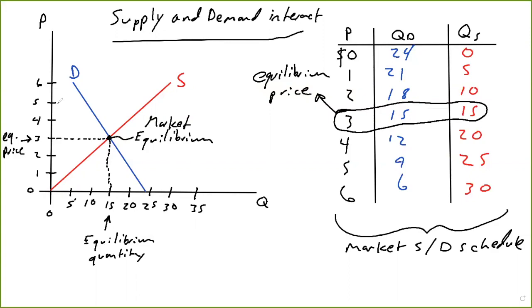So let's say the price is $5 instead of the equilibrium price of 3. Well, draw a line across and then draw some lines down from your demand and supply curves, and that will tell you the corresponding supply and demand at that price.